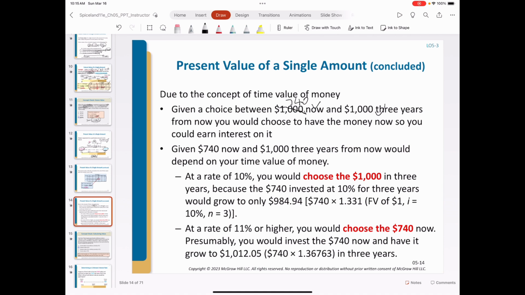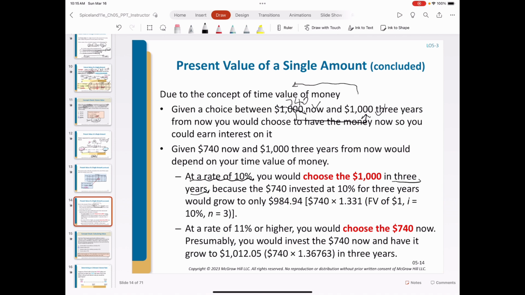What we do is convert the 740 to the future, or the 1,000 in the future to present. Then we make the comparison. First, at a 10% annual rate for 3 years, the interest is compounded annually.